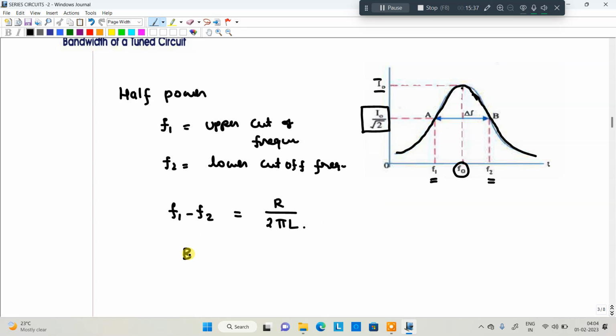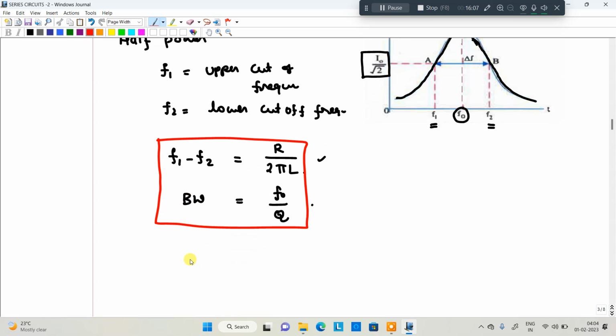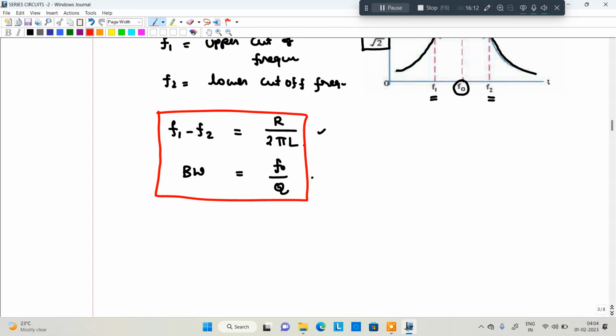F1 minus f2 is also equivalent to f0 divided by Q. Based on this equation, with f0 equal to 1 by root LC, we substitute everything and you will get this formula. But in the examination, we have to remember both formulas. So I am not providing the derivation here. I will provide what is important from the examination point of view.